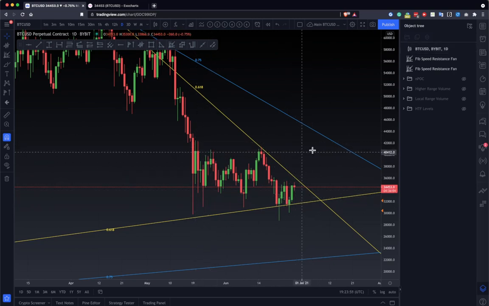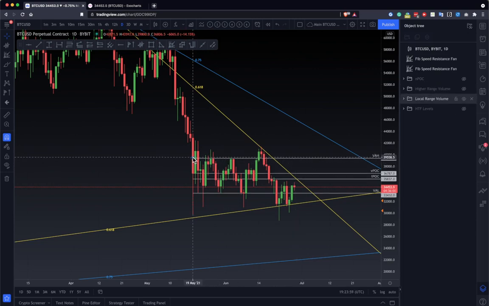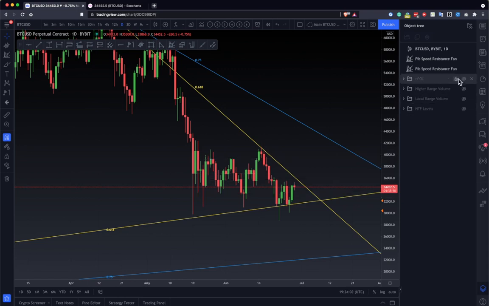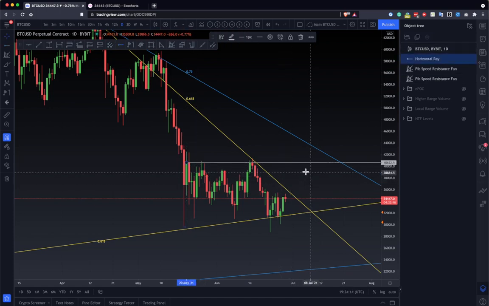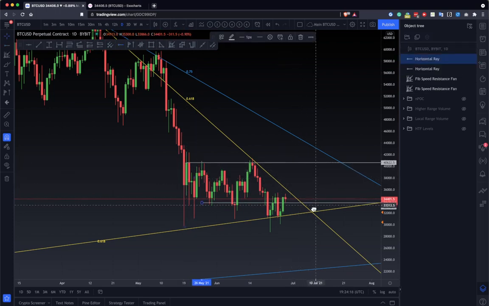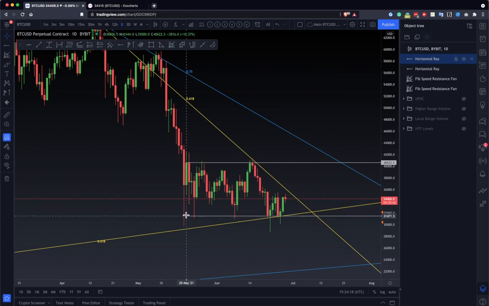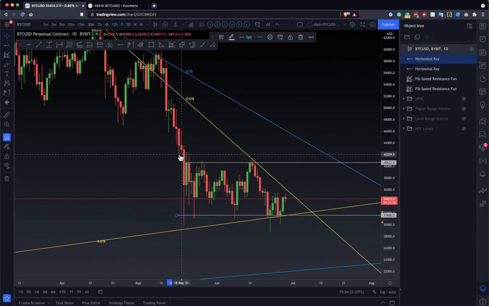It might come up again here. Not this one. Where's my range? I think I removed it. But this is the range, it's very obvious. So you have a high clearly defined, you have a low here at these levels, so you have a daily level at top, above.